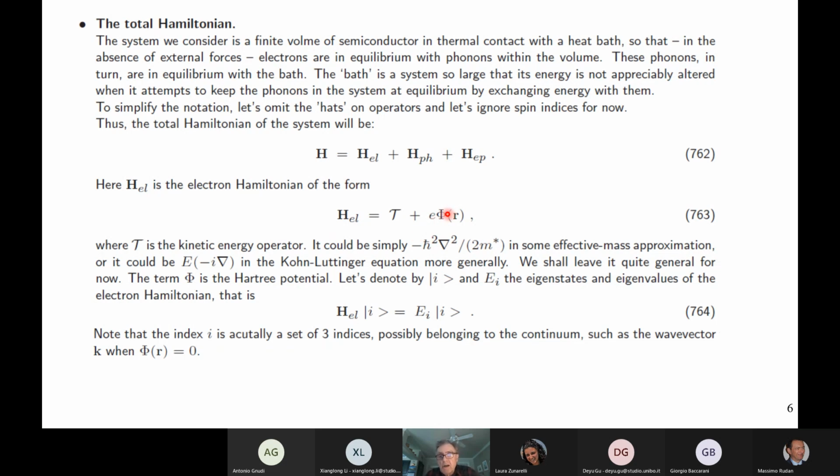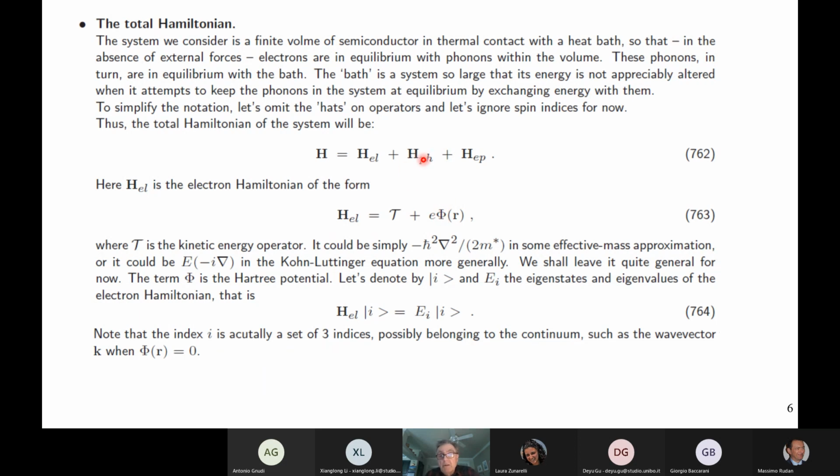So the external potential for now will be assumed to have been already fully diagonalized, and the states that we have are eigenstates of this electron Hamiltonian, which we consider unperturbed even if there is an external potential.